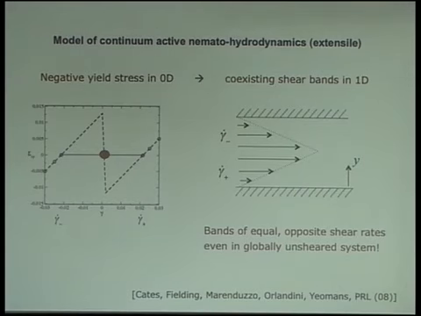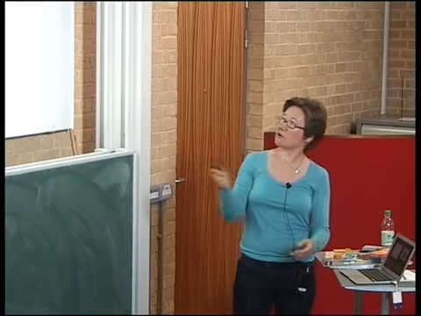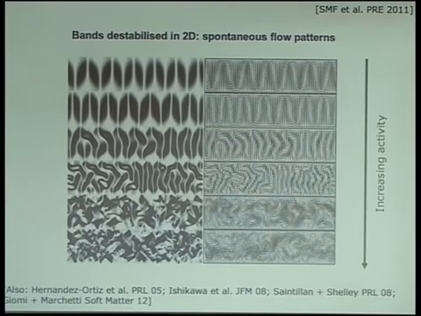What you can then go on to do is a full two-dimensional calculation, a bit like I've just talked about in the mice cells, where you take a sample of active fluid, sandwich it between parallel plates, allow spatial variations in that direction and also in that direction, but don't impose any flow to the system, just let it do what it does. In 1D it would form shear bands. What we find in 2D is it forms a whole host of rather exotic states. These are supposed to be velocity vectors, but they've not reproduced very well.